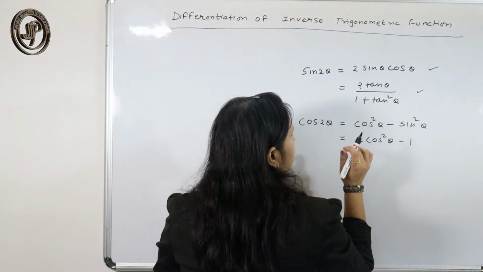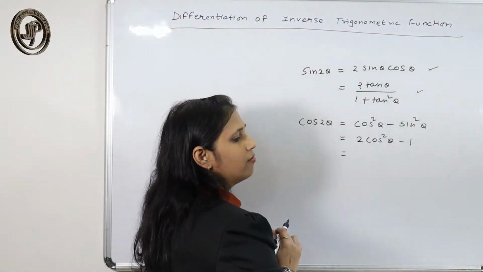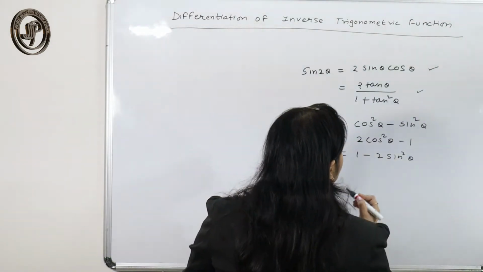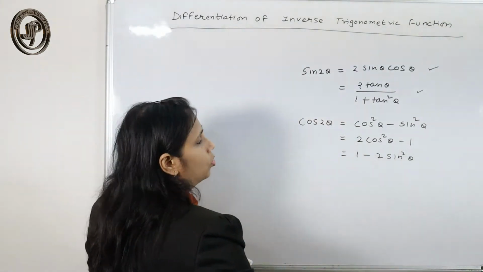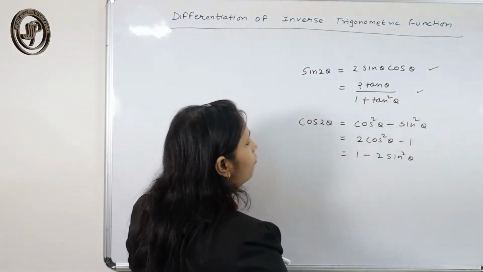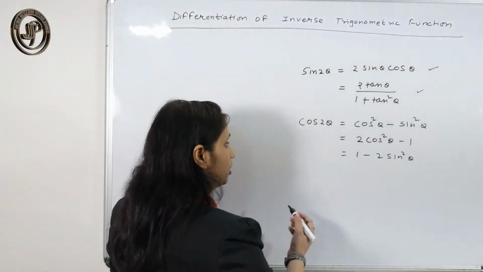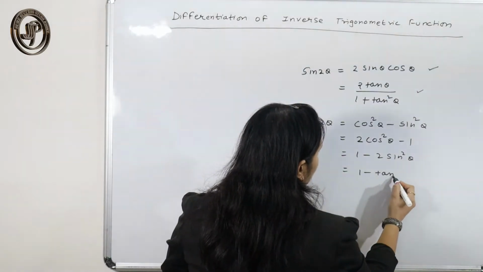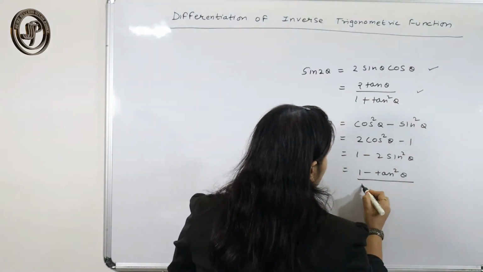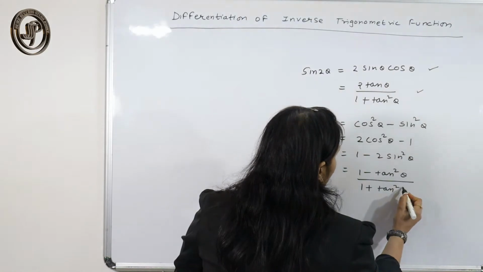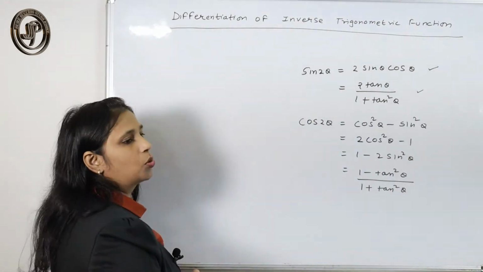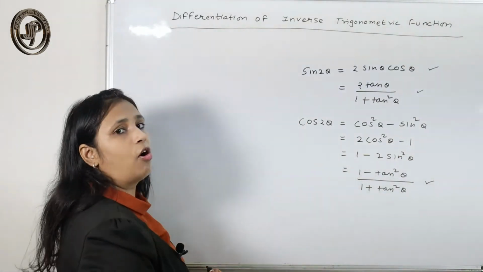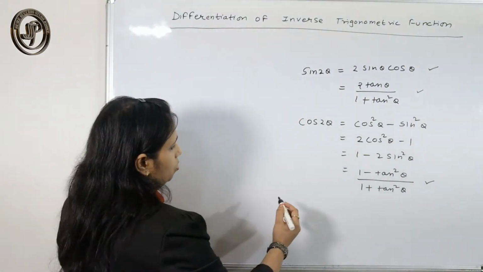And if I replace cos square theta by 1 minus sin square theta, then I get 1 minus 2 sin square theta. So these are the three different formulas for cos 2 theta. One more important formula for cos 2 theta is 1 minus tan square theta upon 1 plus tan square theta.